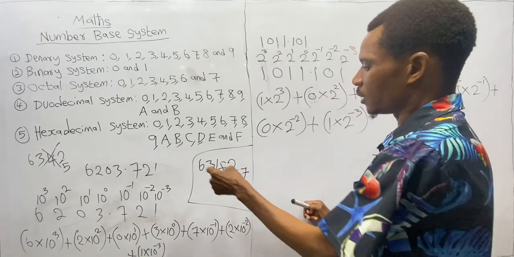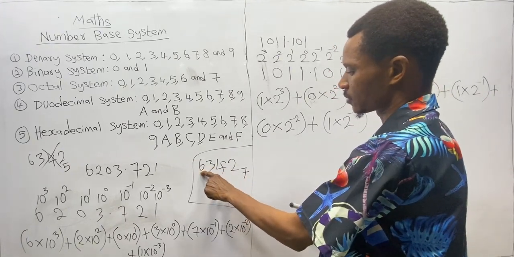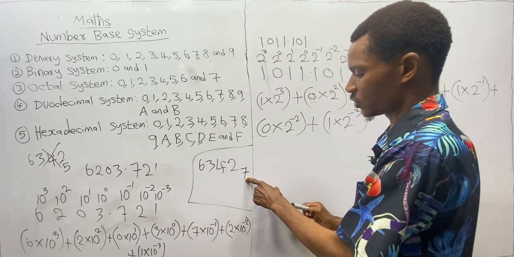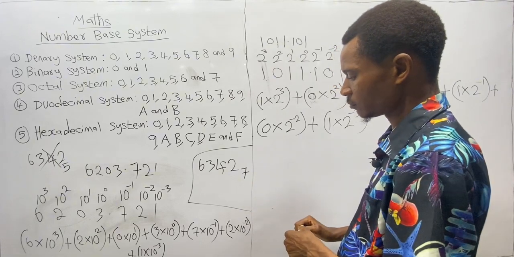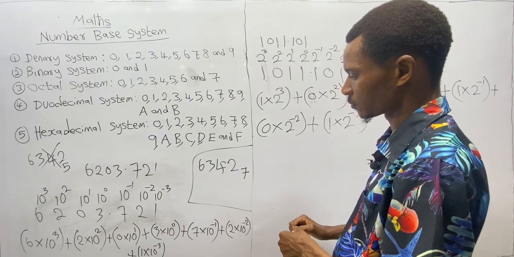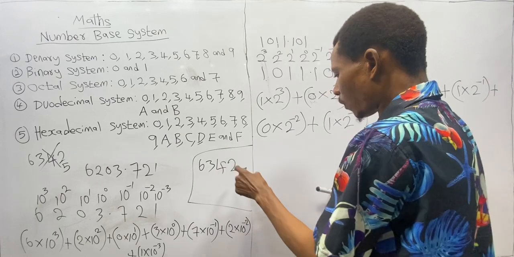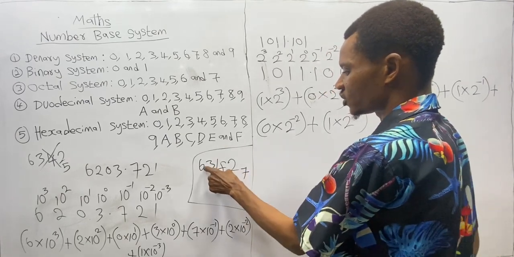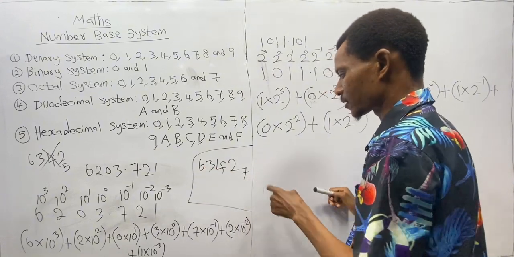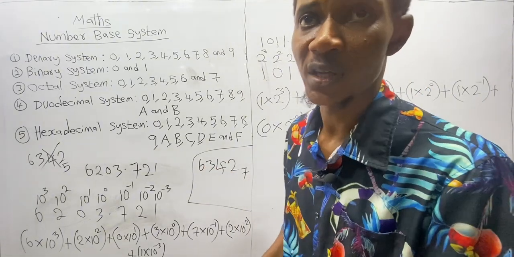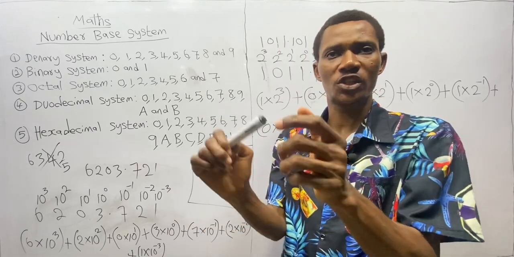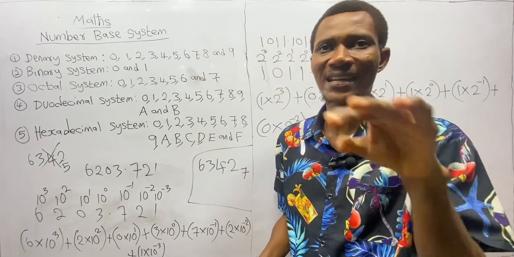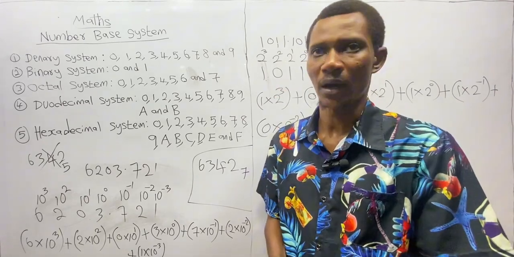Because the highest digit here is lesser than the base number, which is what? 7. Also, you can say this number is in base 8, as far as the highest digit here is lesser than base 8. So that's what we mean when we say, in general, the greatest digit in any number base is 1 lesser than the base number.